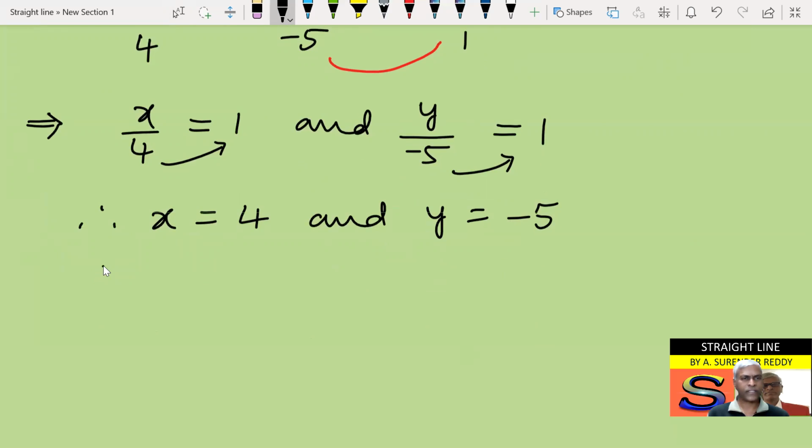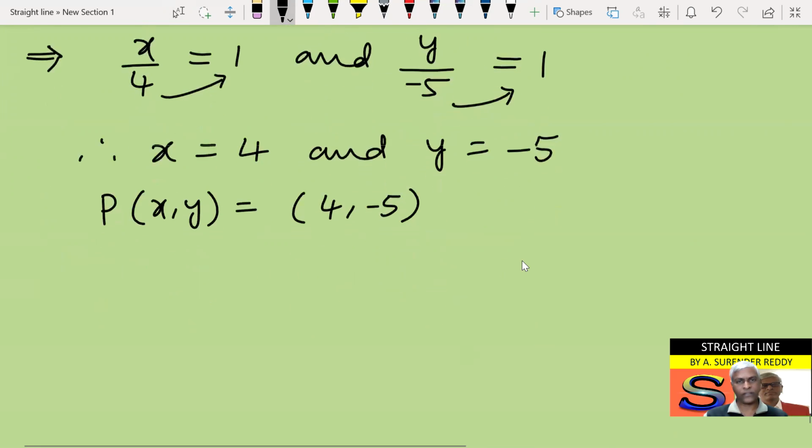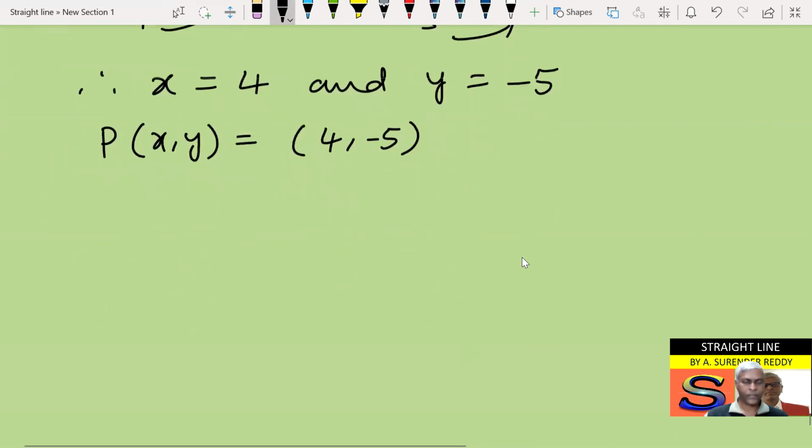The point of intersection P(x, y) is equal to (4, minus 5). This is the point of intersection of lines 1 and 2. If the 3 lines are concurrent, this point should lie on the third line also. So substituting this point, as P is a common point for all the 3 lines.